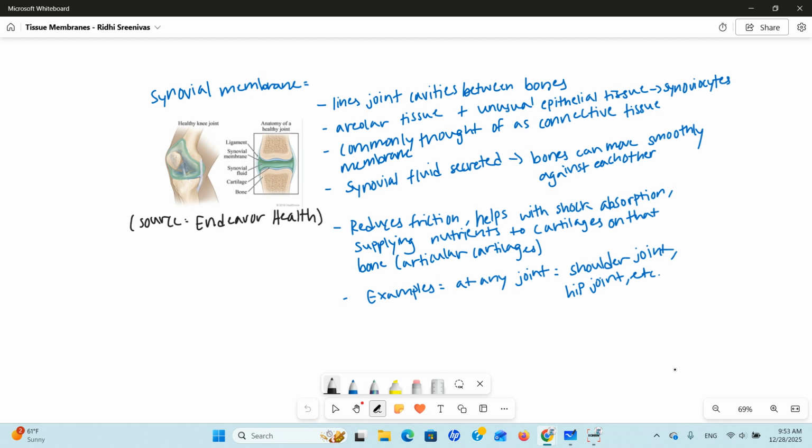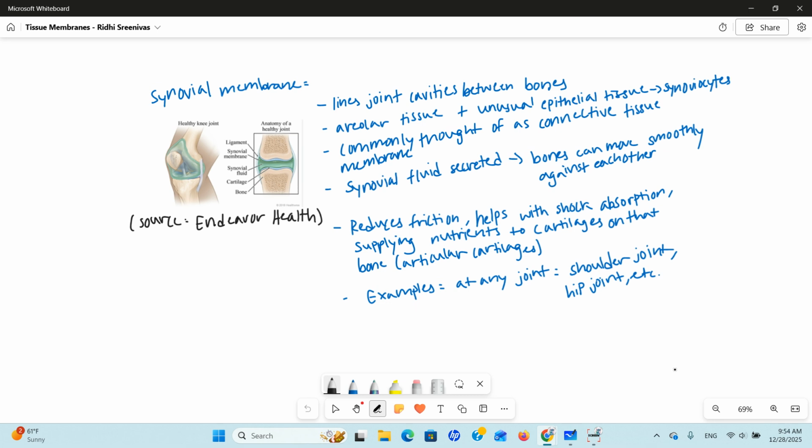So that is why the synovial membrane is commonly thought to be just a connective tissue membrane, but it technically does have both. And synovial membrane secretory cells also secrete a fluid called synovial fluid that allows the bones to move smoothly against each other and provides lubrication.